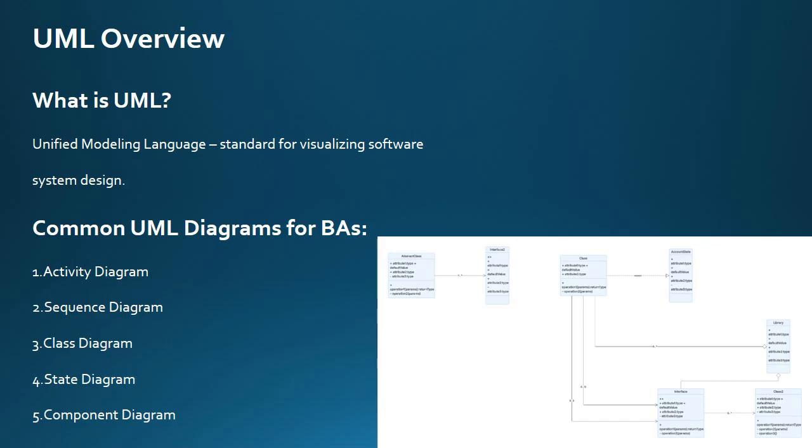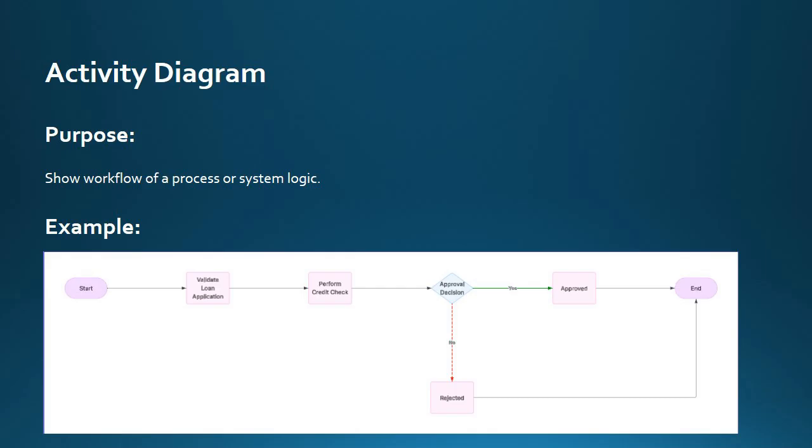UML diagrams help in understanding current systems, as-is, designing new systems, to-be, and providing documentation for developers and testers.